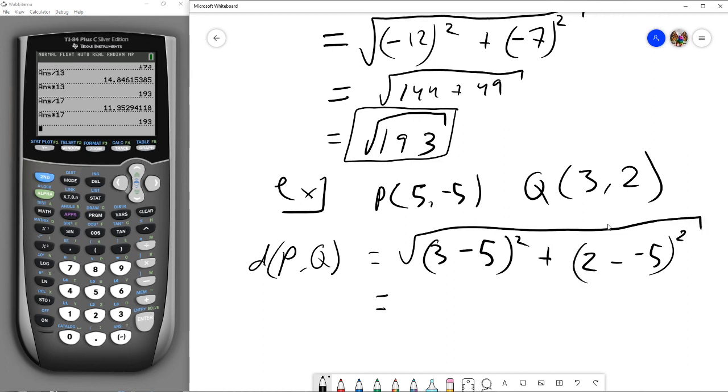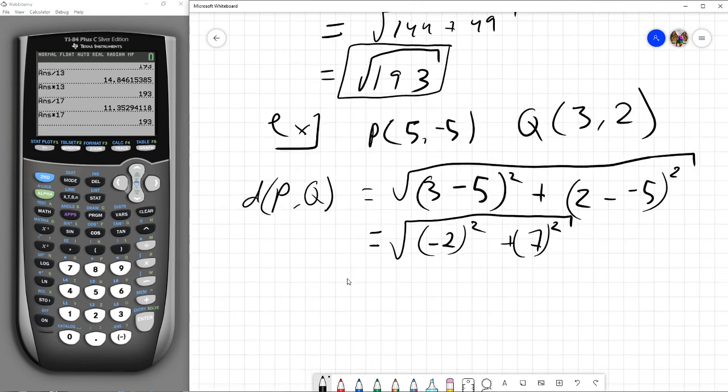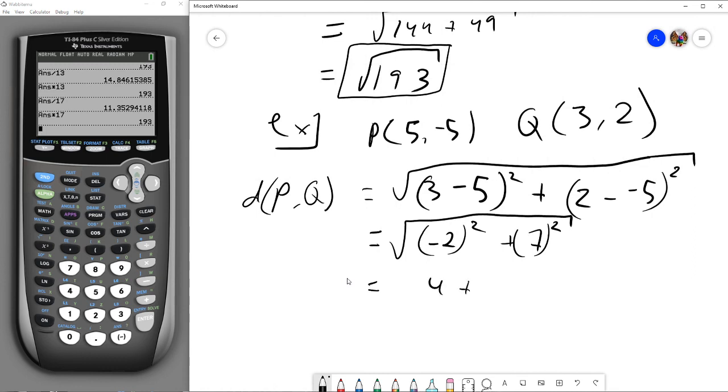So let's see here, we get negative 2 quantity squared plus 7 quantity squared, which gives us 4 plus 49 being square rooted.